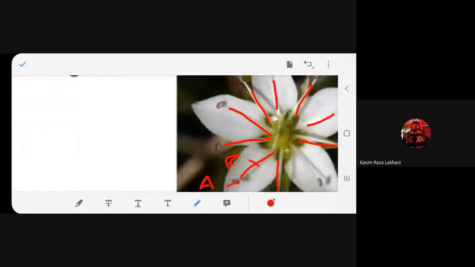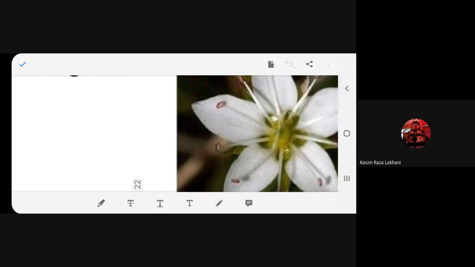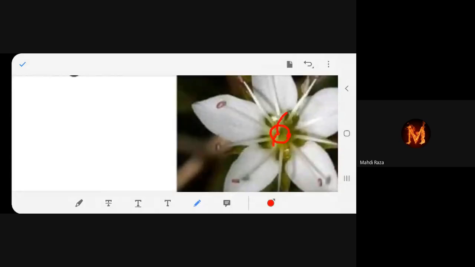All these are anthers. So these are male. Now we'll come to female. Can you see this round structure at the bottom, and on top you have this? This is the female reproductive organ.